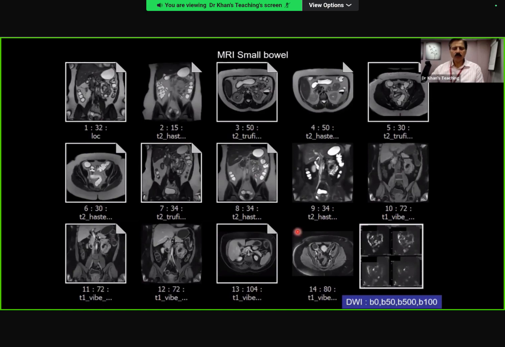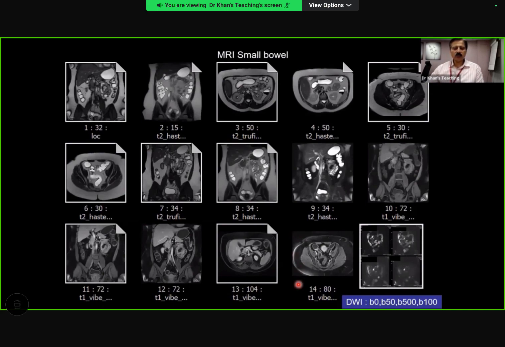The idea is to distend the small bowel with fluid, and we then give Buscopan and do scanning. The sequences which we do include T2s, two different types of T2s, and a fat saturated T1, and then post contrast, we do coronal as well as axial.